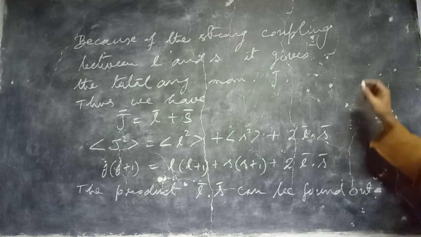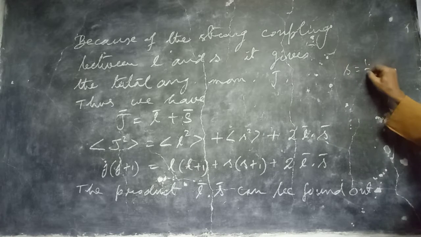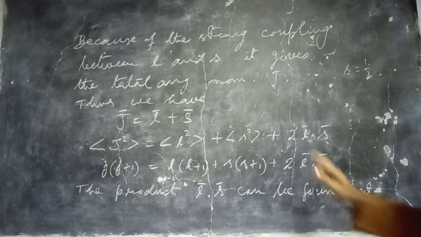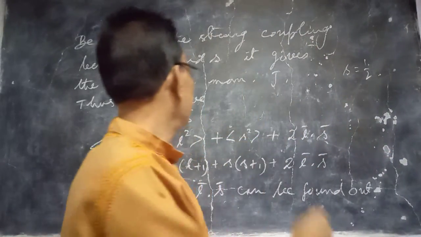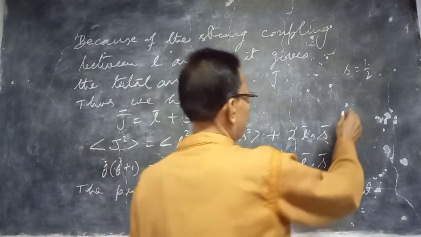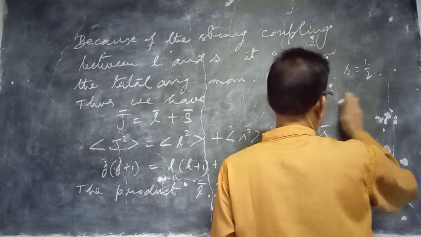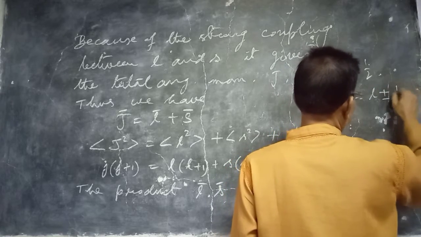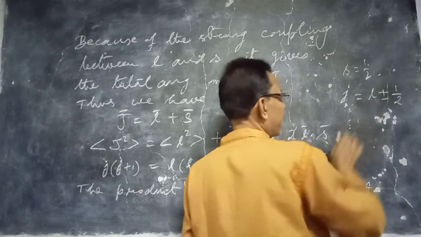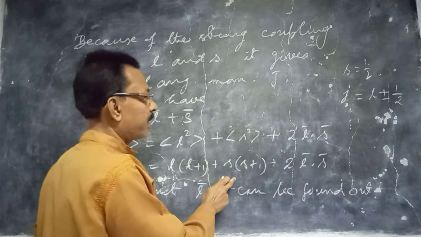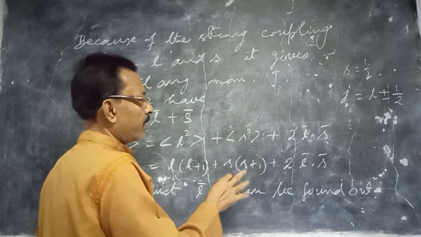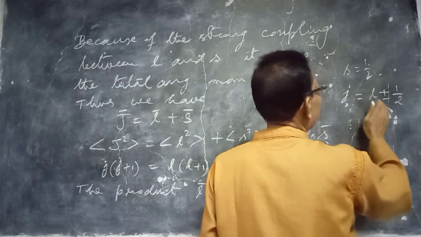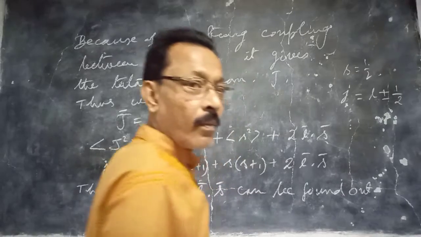Now, we know that the spin S is actually half. Therefore, since J is equal to L plus S, J is equal to L plus or minus half. Once you consider L plus half, put it in this expression and find J, and once L minus half.